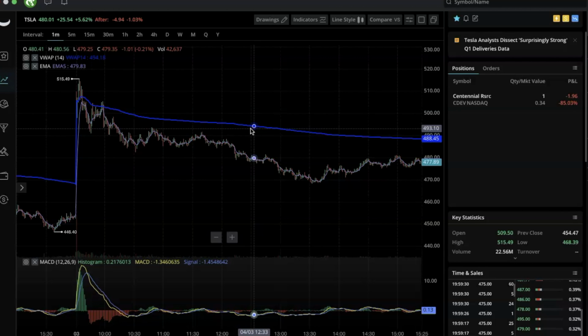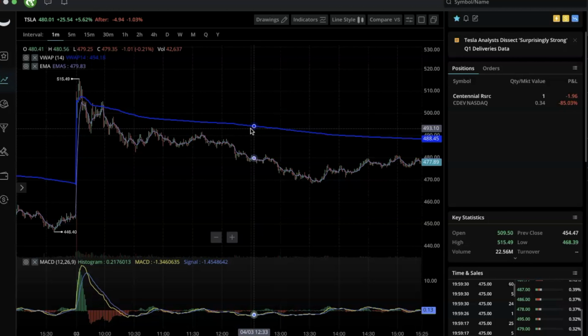And it takes into account volume, so it's more accurate than the moving averages, which do not factor in volume.